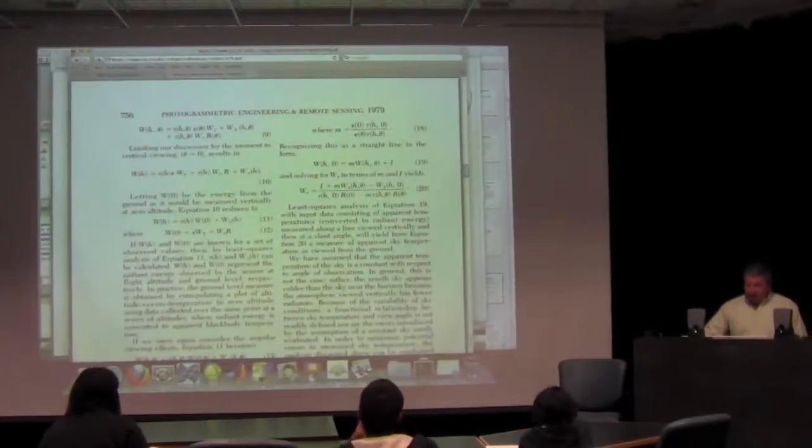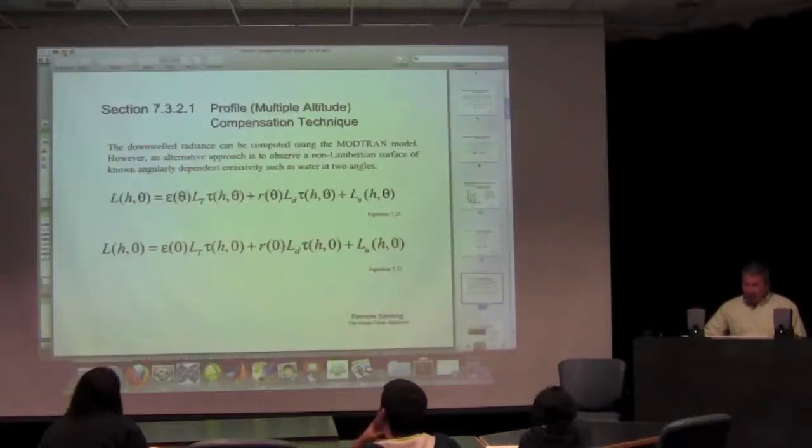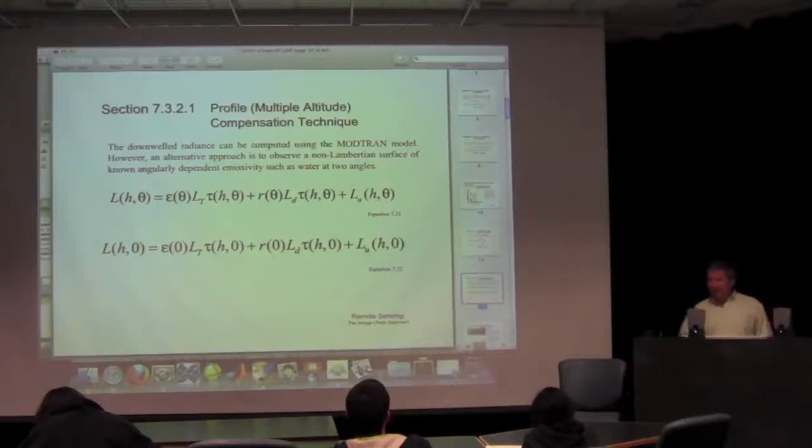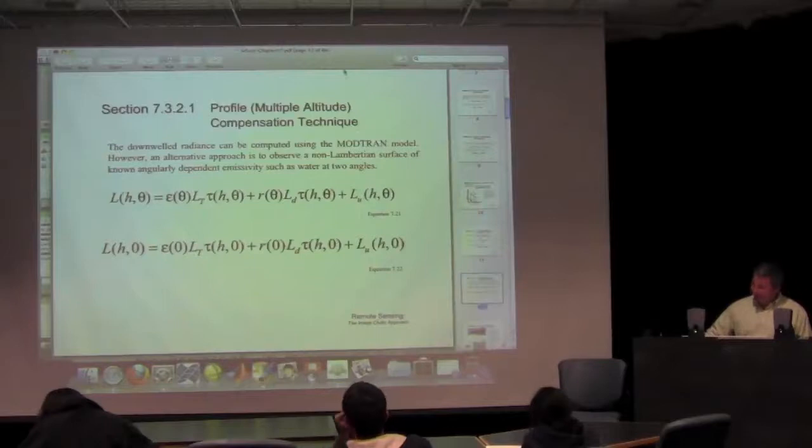So you might do that as an exercise. That might be a really awesome exam question. Derive that equation from these two, and see if you can get to the equation in Schott's paper, the 79 paper. I think you could do it.